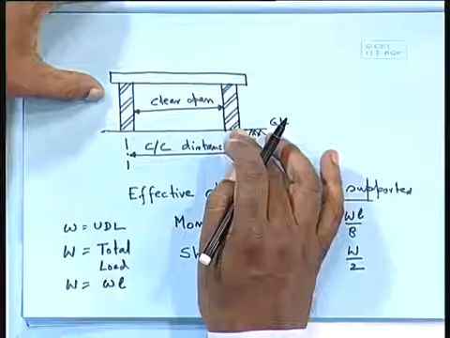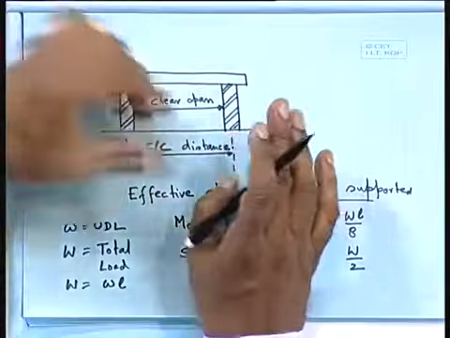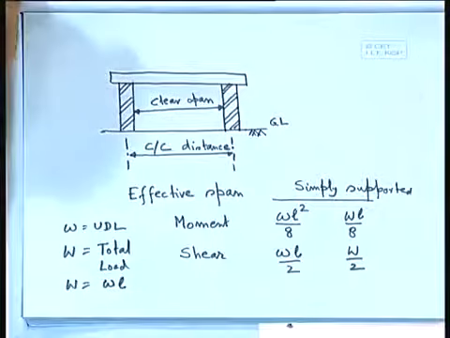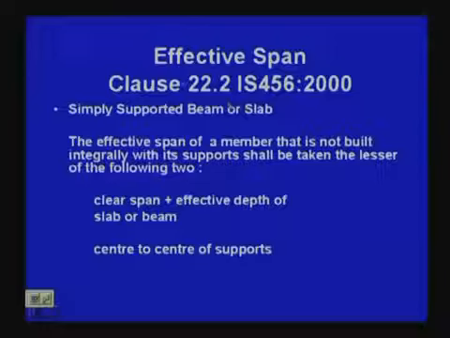Let us see what our code, IS 456, says. We shall get the effective span in clause 22.2 of IS 456 2000. In design classes, most of the time we refer to that code, because wherever we have any dispute, the code will help us solve that problem.